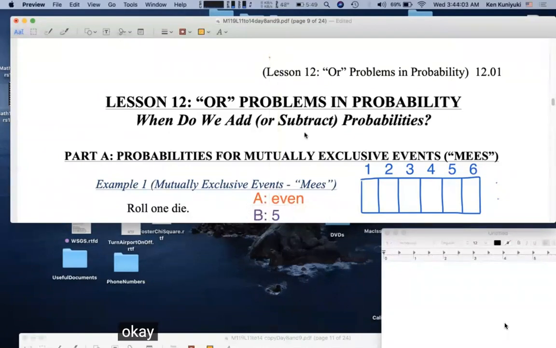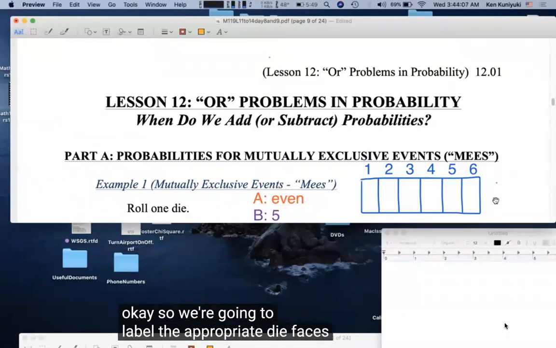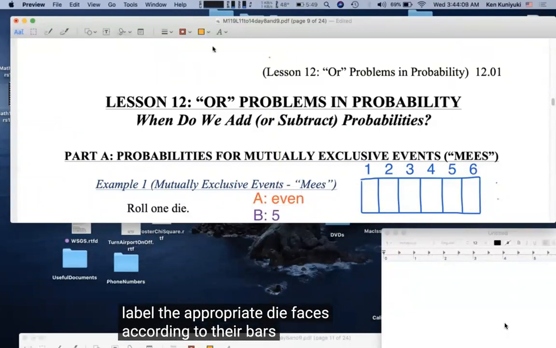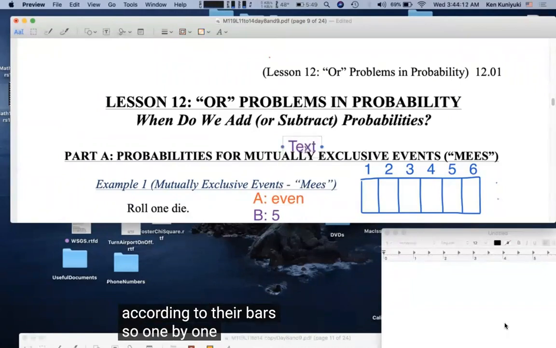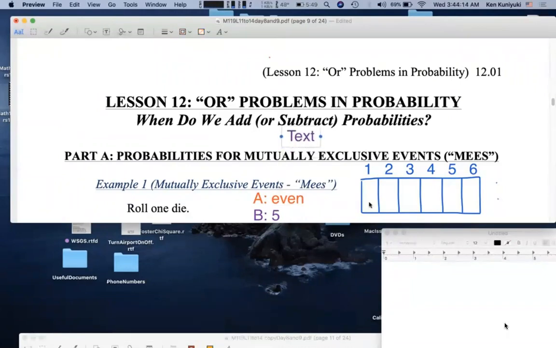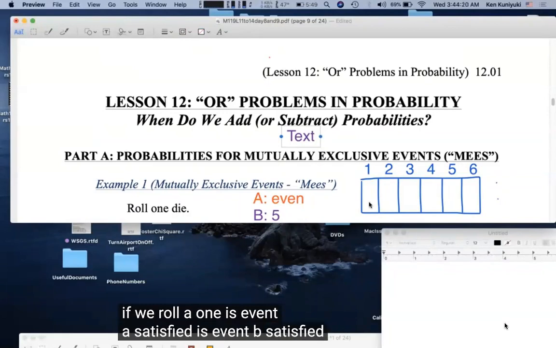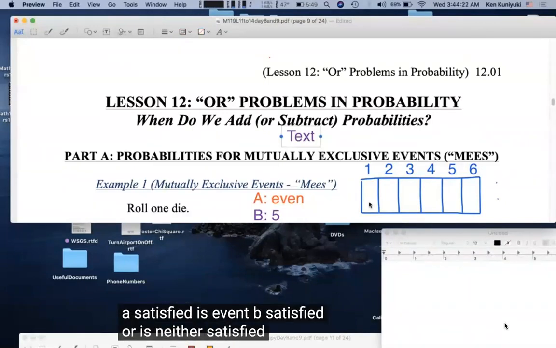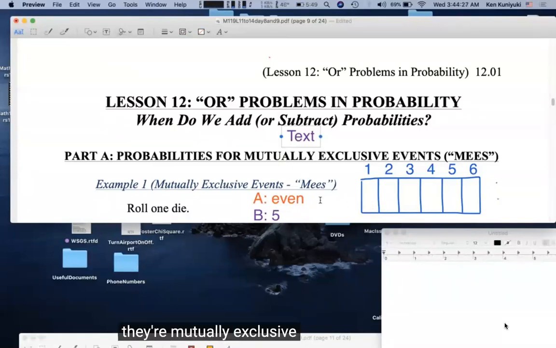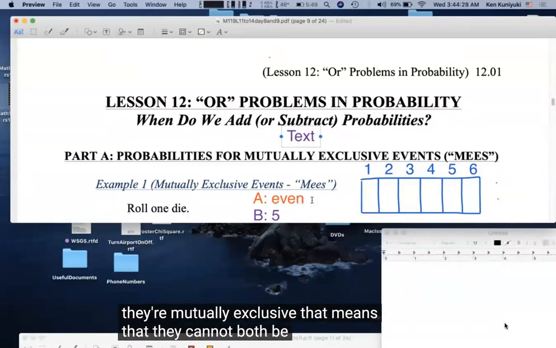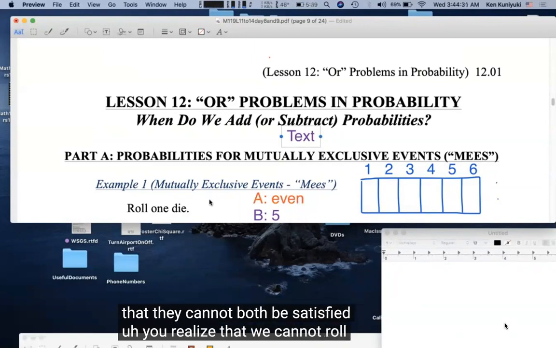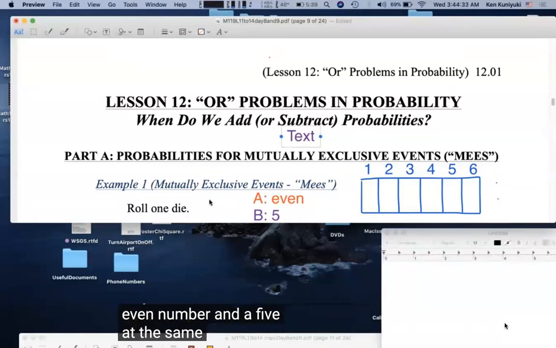So we're going to label the appropriate die faces. If we roll a 1, is event A satisfied, is event B satisfied, or is neither satisfied? They're mutually exclusive. That means that they cannot both be satisfied. You realize that we cannot roll an even number and a 5 at the same time.